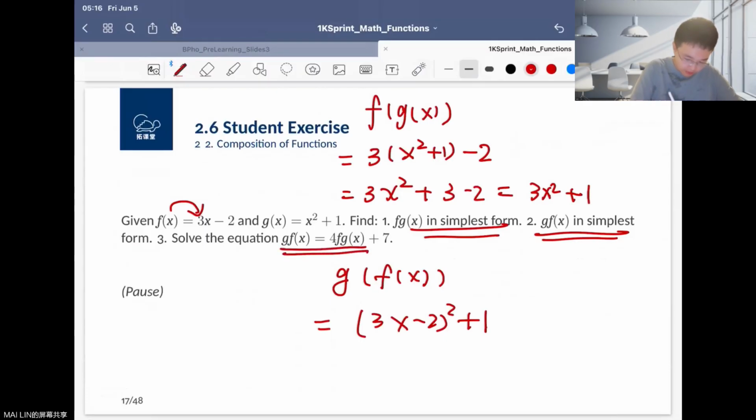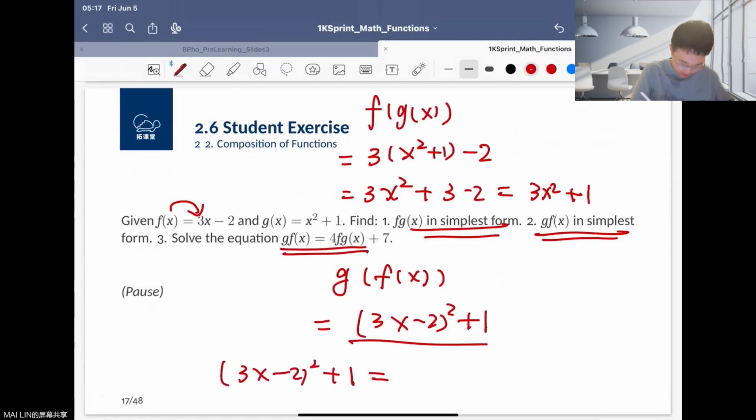And the last part is solving the equation g(f(x)) = 4f(g(x)) + 7. g(f(x)) means this value, and 4f(g(x)) means 4 times (3x² + 1), and then plus 7, okay? Then you can calculate and simplify the values.